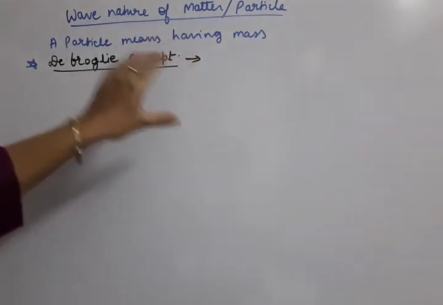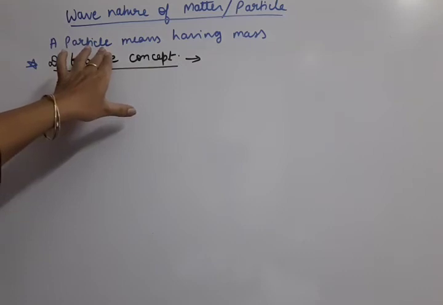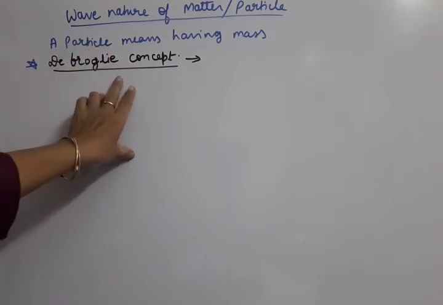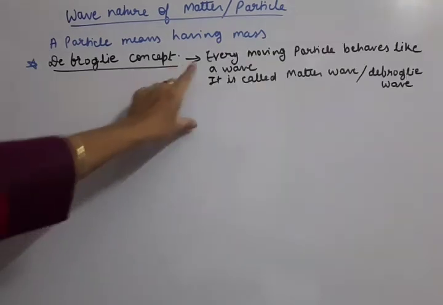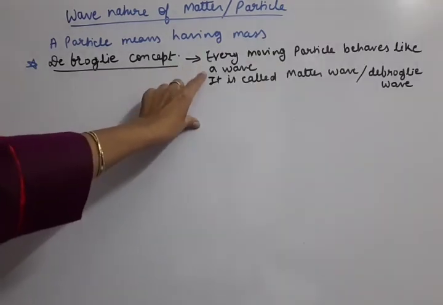Now, that a particle can behave like a wave was given by de Broglie. De Broglie discussed the wave nature of particles, and he said that every moving particle behaves like a wave. He attached the word moving with the particle.